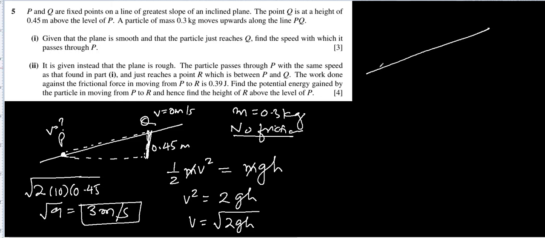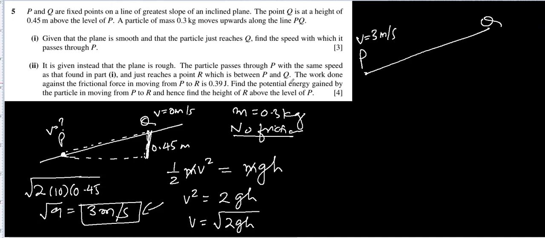Let's say this is P and Q is here. The particle passes through P at the same speed, so the v here is 3 meters per second, the same speed as the one we got in part a.